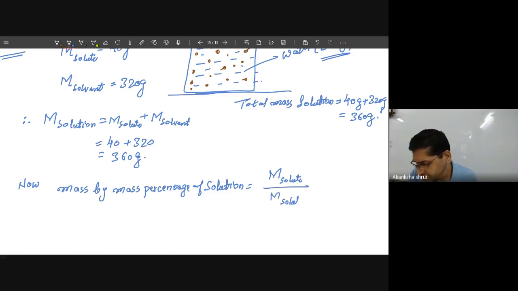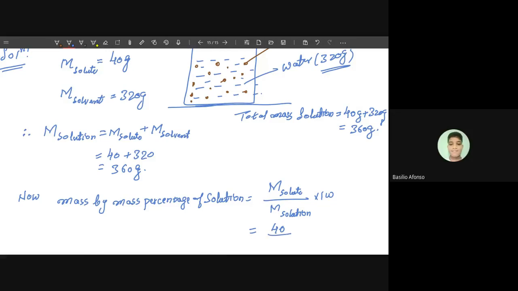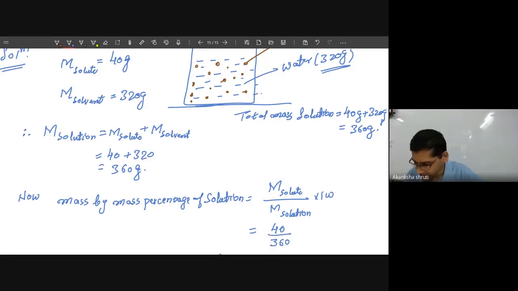Here we have to keep in mind that it is the mass of solution that we divide by, and then multiply by 100. Mass of solution we have calculated above, mass of solute is already given as 40 gram, divided by 360.